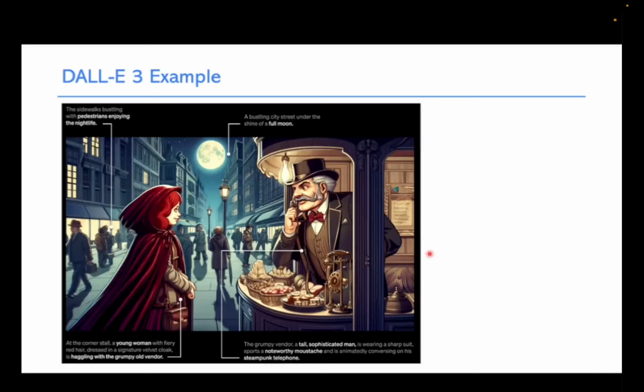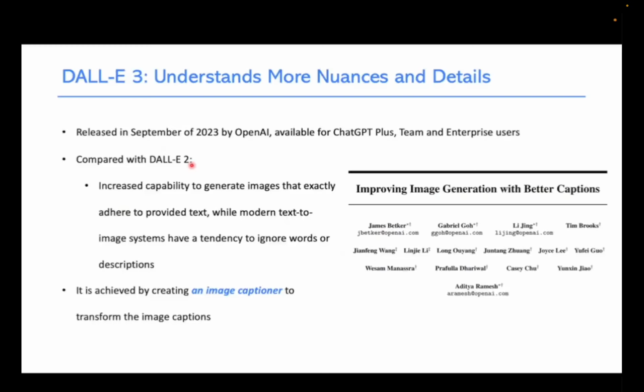The good thing about DALL-E 3 is it can pay attention to the details and follow the prompt. DALL-E 3 was released in September of 2023 by OpenAI. It's available in ChatGPT. Compared with DALL-E 2, it has an increased capability to generate images that exactly adhere to the provided text, without the tendency to ignore words or descriptions.